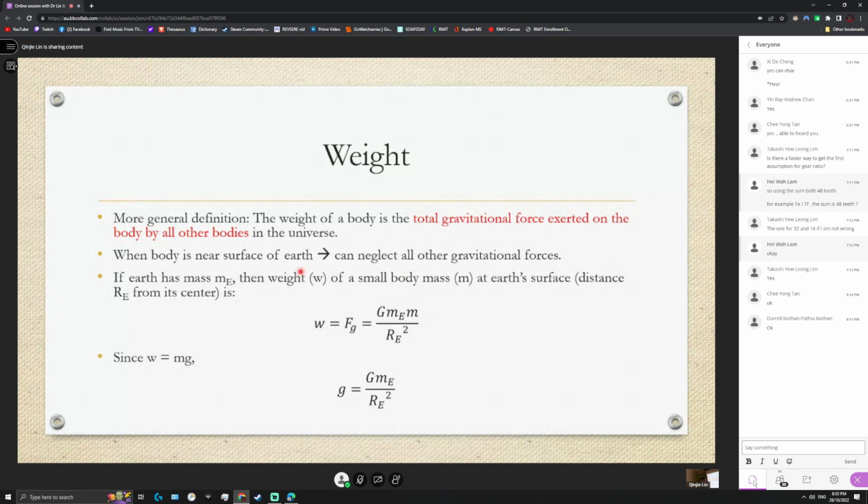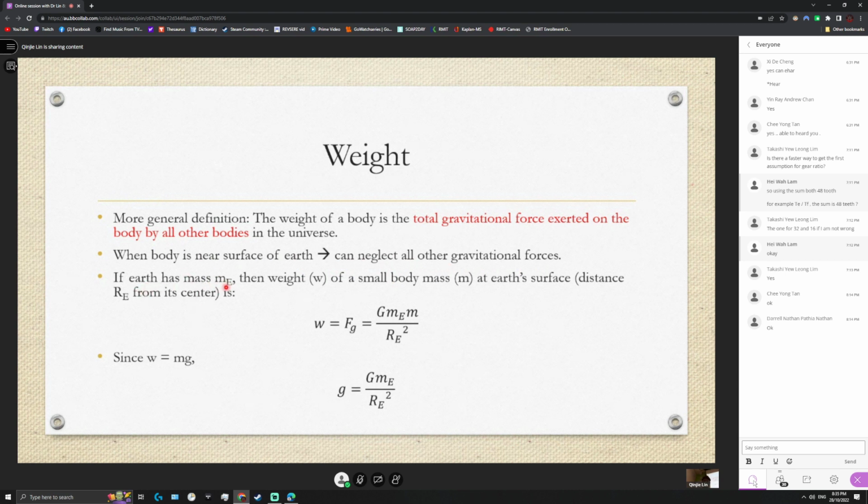Even planes are near the surface of the Earth. When we say near the surface, it's things that are living around us. Not near the surface are like another planet. We are talking about this kind of scale. So near the surface of Earth, the force that Earth pulls us with will be the greatest. That's why we can neglect all other gravitational forces.